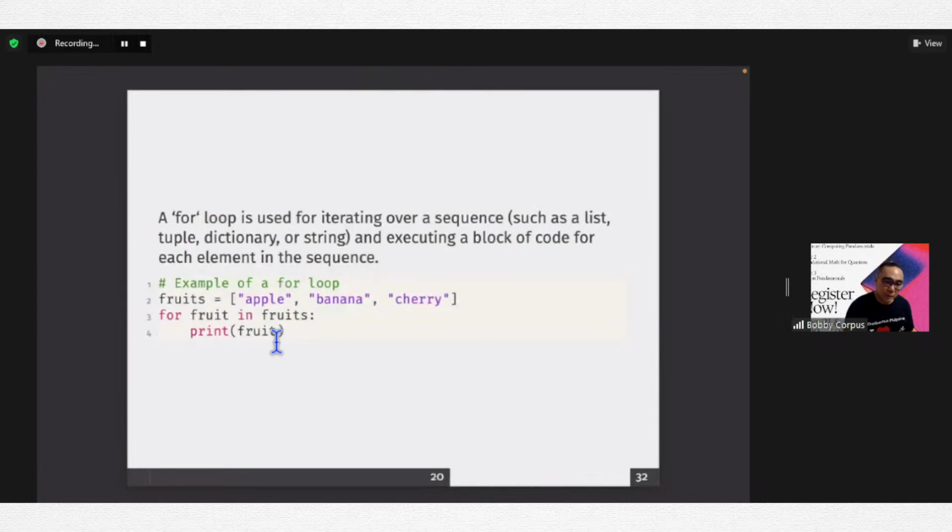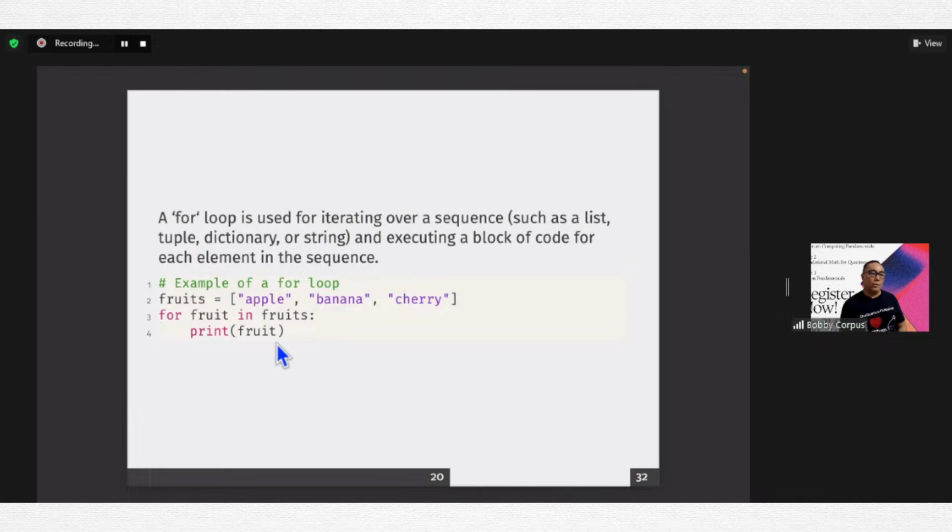So, for loop. This is an example of a for loop. You have a variable called fruits, and that variable, which is a list, contains all of these elements: apple, banana, cherry.